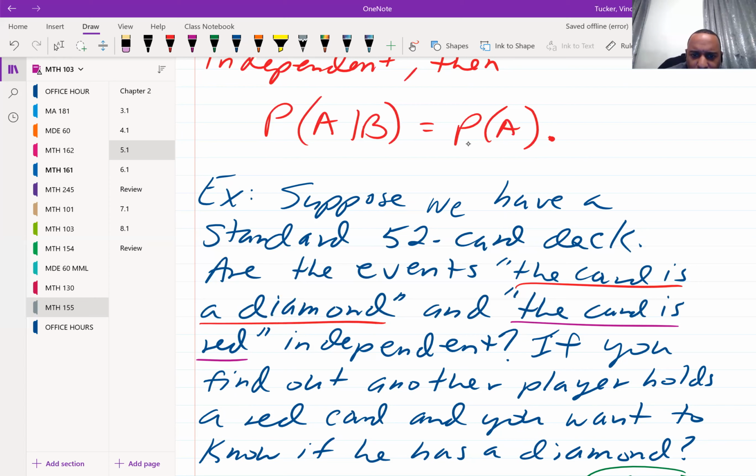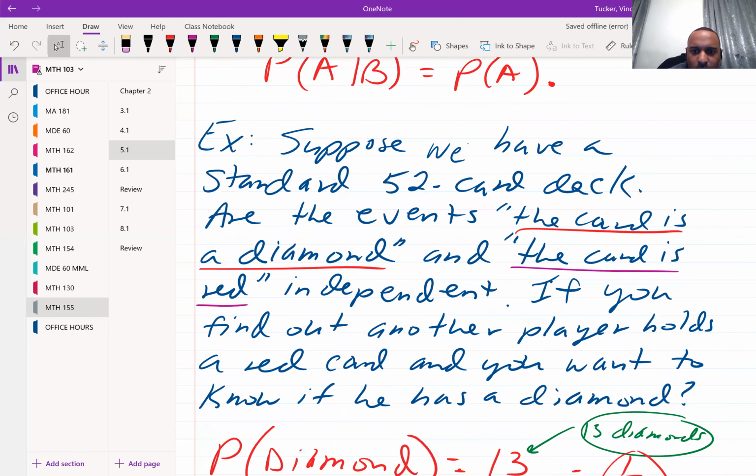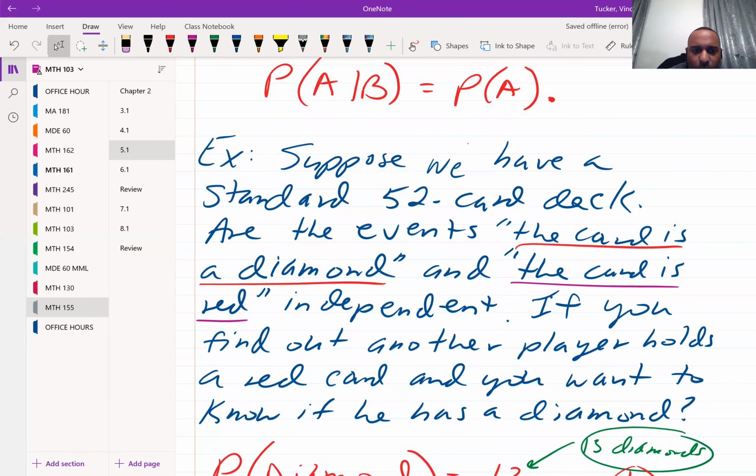It must be something I left out of here. I know this shouldn't be a question mark. If you find out another player holds a red card and you want to know if maybe he has a diamond? Let's do it like that. Something is not right.